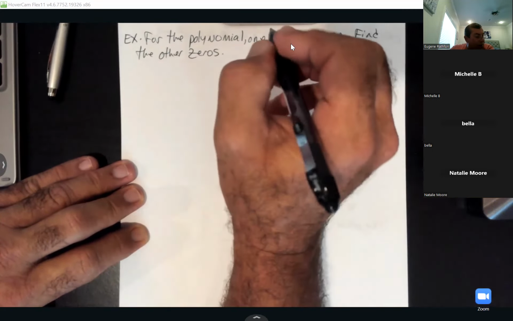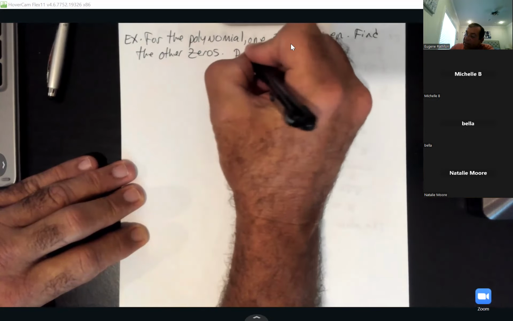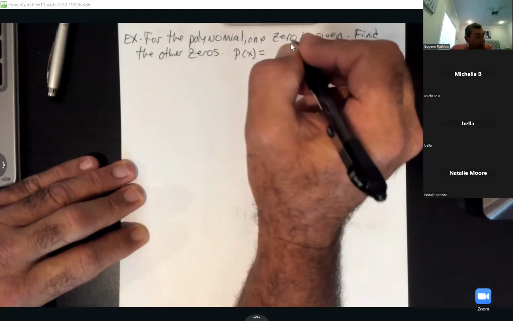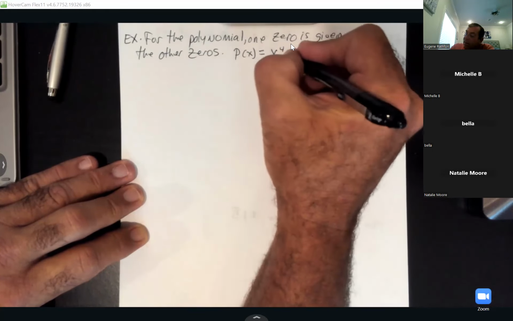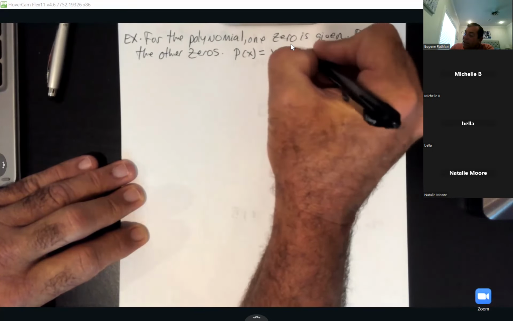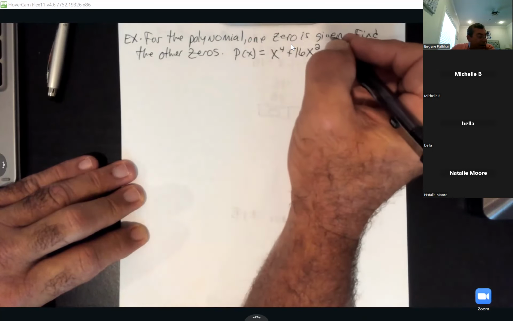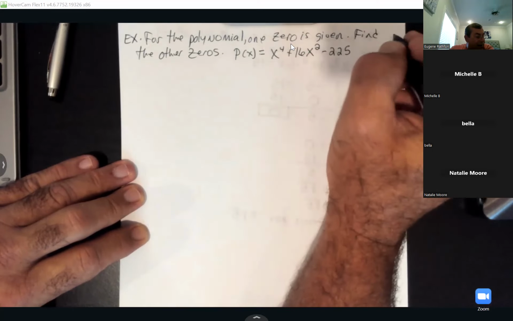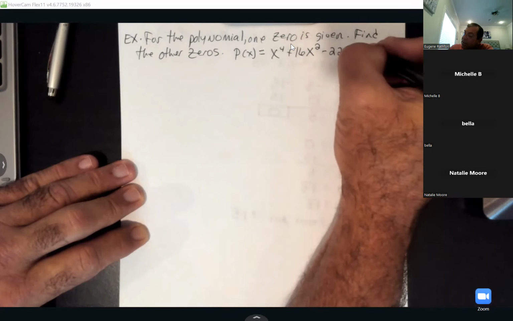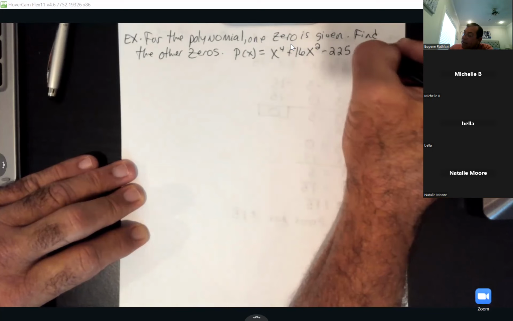All right, y'all, so watch how they write this. They got P of x equals x to the 4th plus 16x squared minus 225. Then they got a comma that says 5i is a 0.